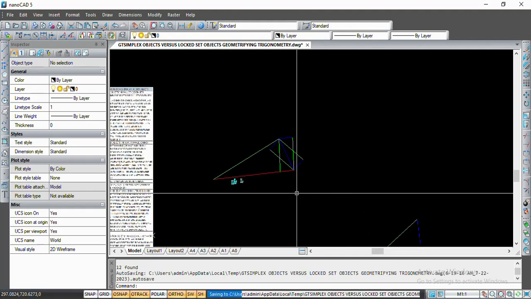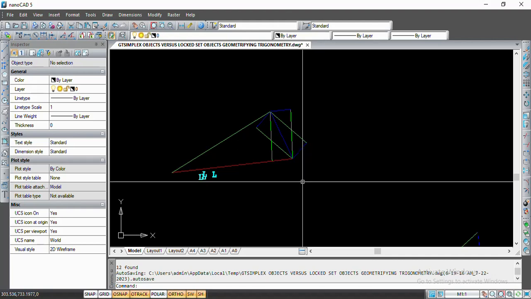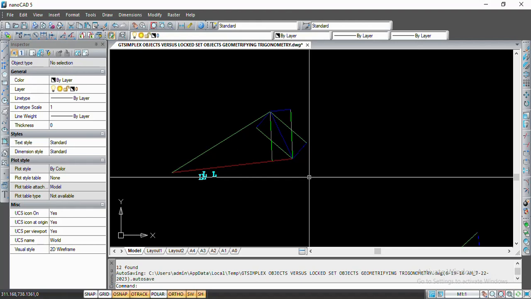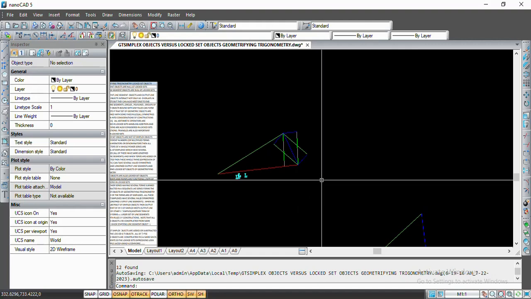We will discuss several properties that we have found by running the simulators for around 10 to 15 years, and previously there was no simulator, I had to make it, but before that I used to construct these things in CAD with Lisp or with VBA or manually, that I have shown in front of you here, such that I could find many invariants, and to do that I had to construct many triangles. But now with the simulator I can play with it very easily, and I can see many invariants very easily.